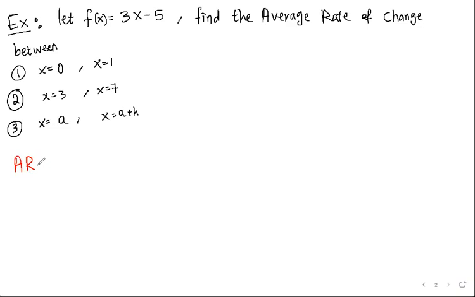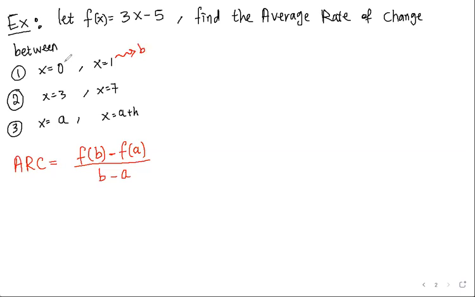Average rate of change equal f of b minus f of a over b minus a. What is b? What is a here? 1 is b and 0 is a.